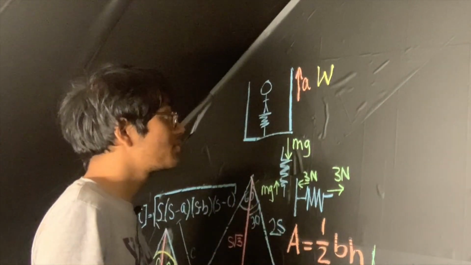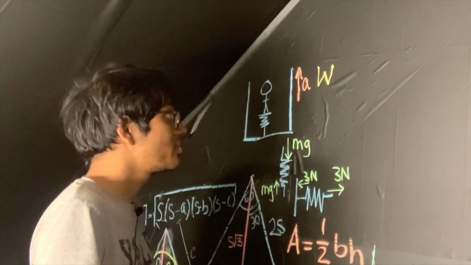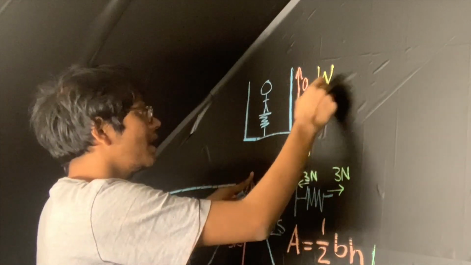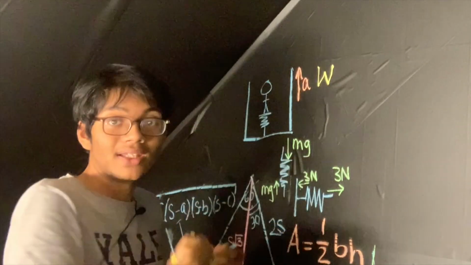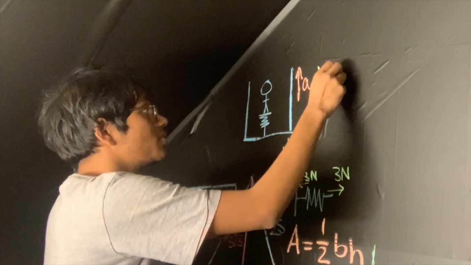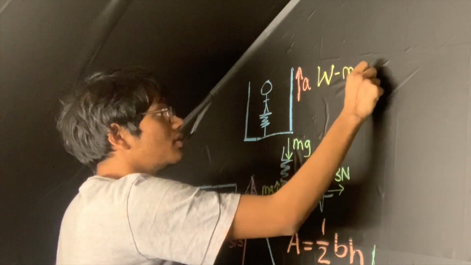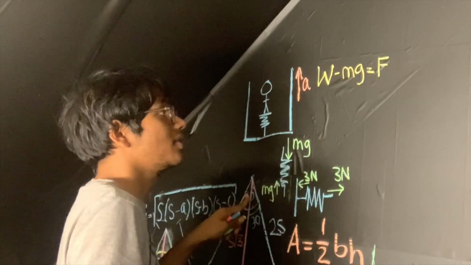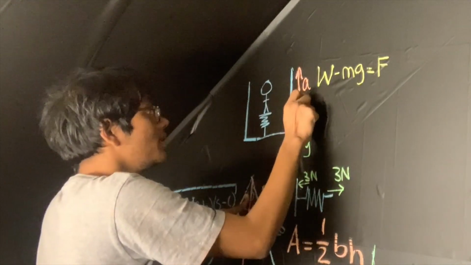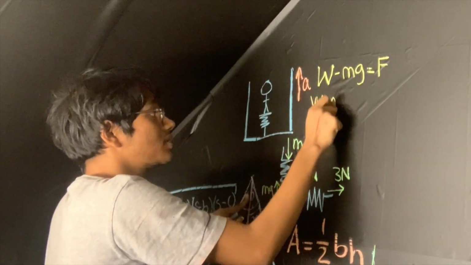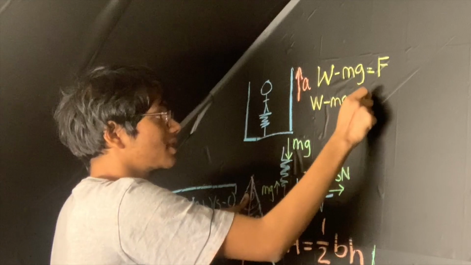So what does that translate into for us? We can apply Newton's second law to you. We can say W minus mg is equal to the net force acting on you. But we know the net force acting on you is also equal to your mass times your acceleration.